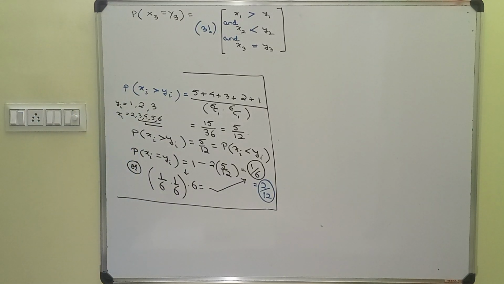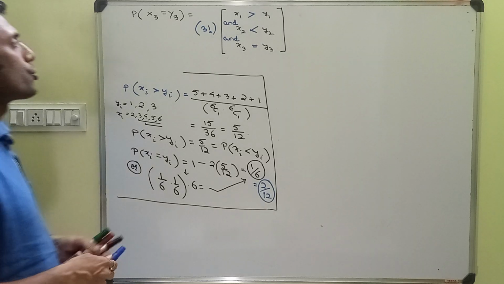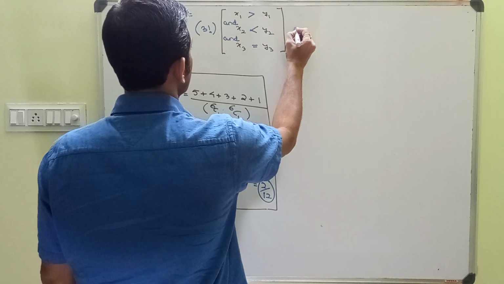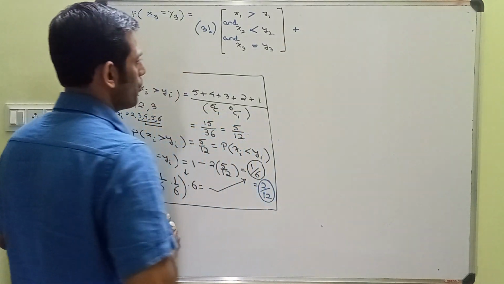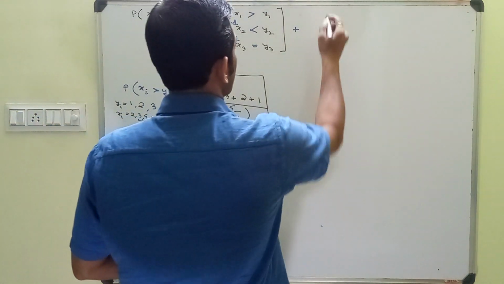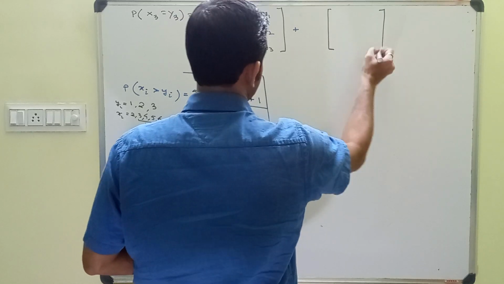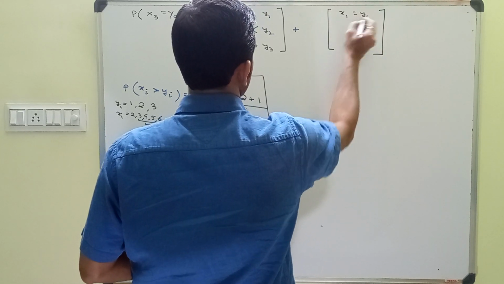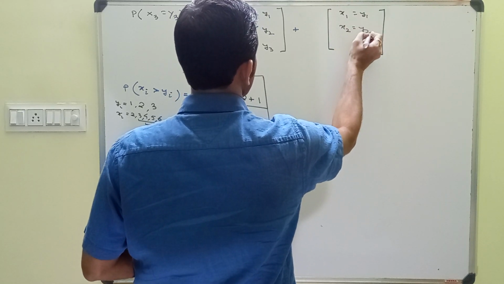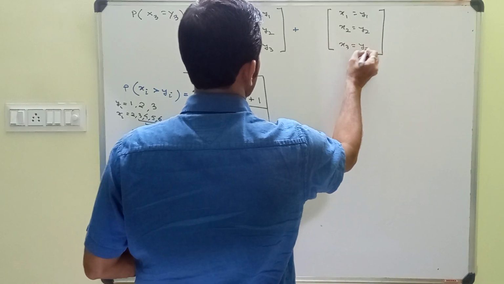There is one more way the total score can remain equal. If the scores of both the players remain equal all the time, that means x1 equal to y1, x2 equal to y2 and x3 equal to y3.